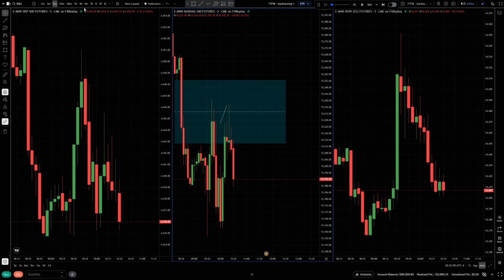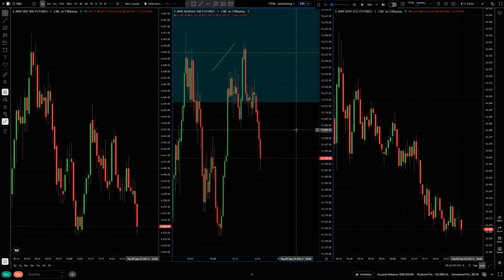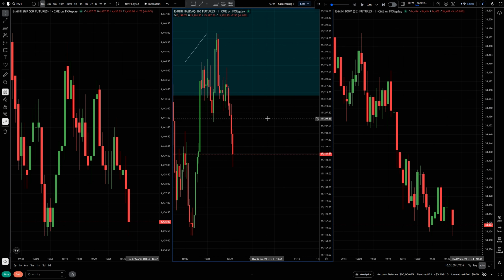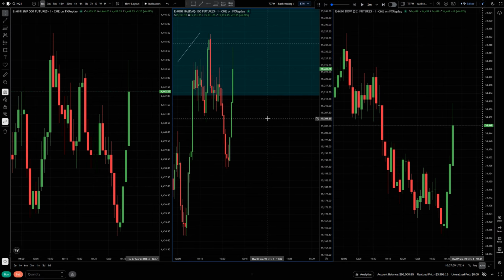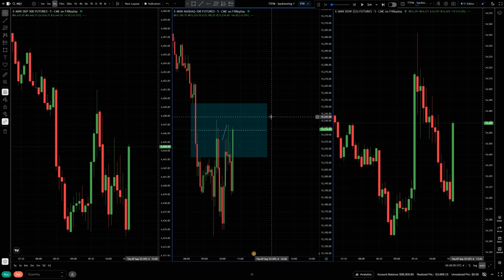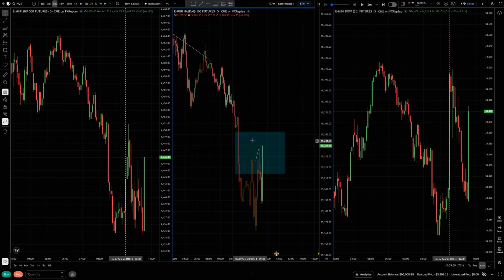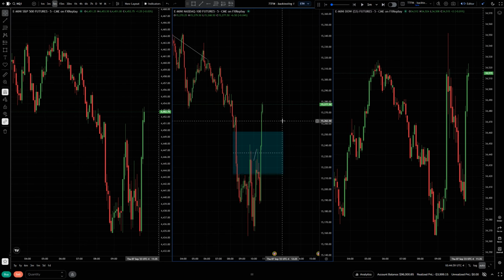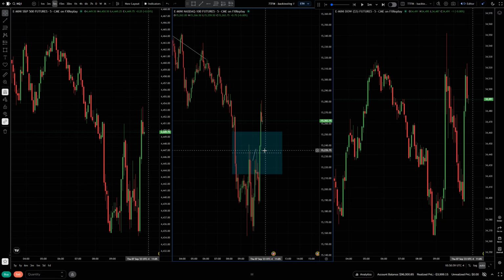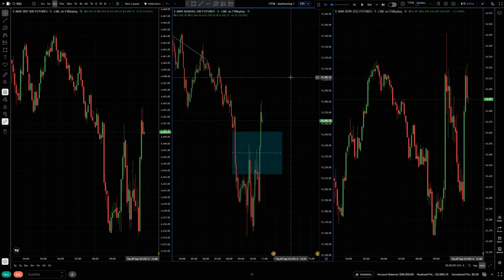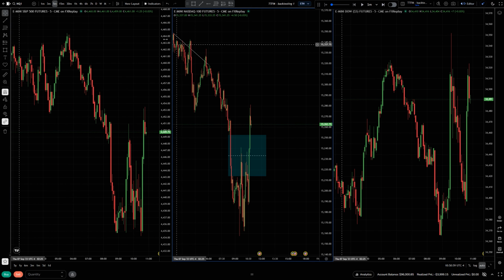So I want to see if we can get another strength switch. We are just consolidating. We have to take out this high. I don't know with these setups. It's just hard.